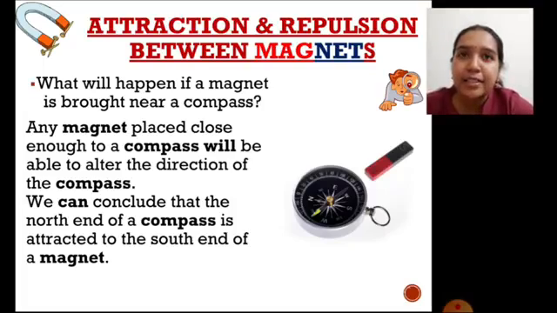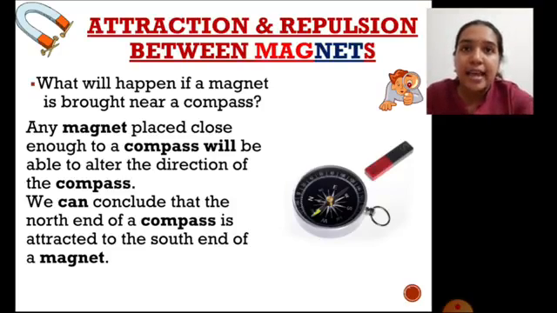Any magnet placed close enough to a compass will be able to alter the direction of the compass. In fact, as you move the magnet around the compass, its needle will no longer point at the north magnetic pole, but it will follow your magnet. When you take the compass away from the magnet, it again points north.